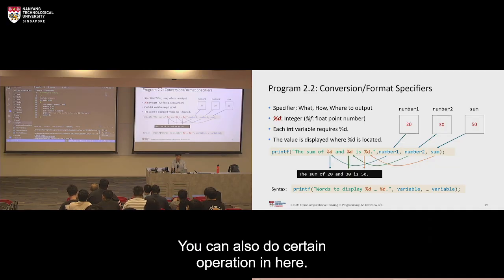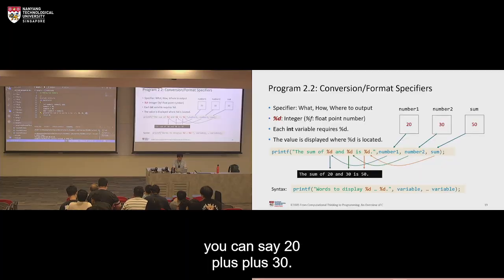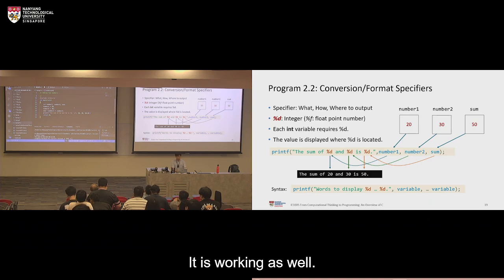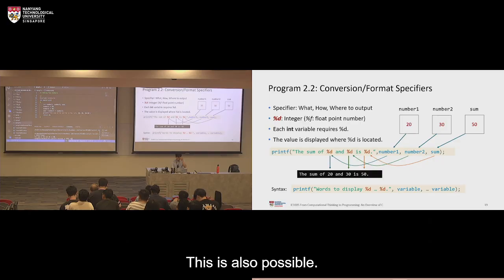You can also do certain operations in here. Instead of sum here, you can say 20 plus 30. It is working as well. So you will display 50 in here. This is also possible.